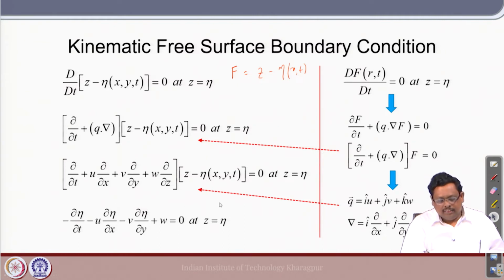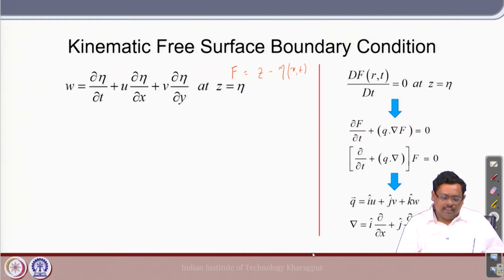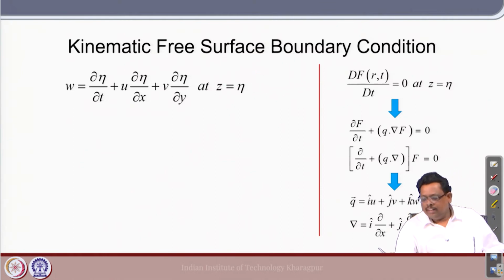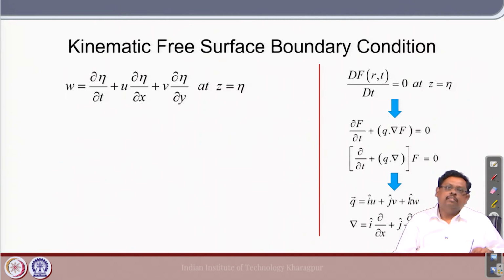So, if I do this operation, I will get minus ∂eta/∂t minus u ∂eta/∂x minus v ∂eta/∂y plus w, that should be equal to 0. Now I understand that this is the equation, but at which z will this apply?